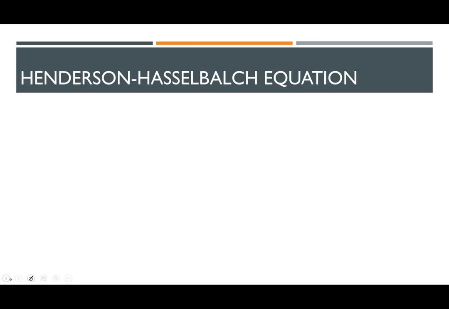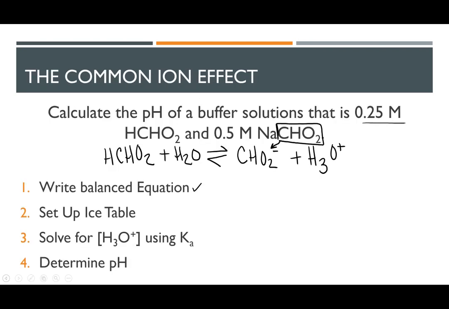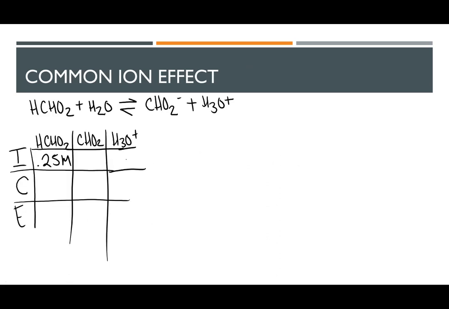The initial concentration of the conjugate base is going to be 0.5 molar. And again, no mention of the hydronium, so we're going to assume that's 0. And then the one other piece of information that I should have included in the problem, but I will always give you, is going to be the Ka value. So Ka value for this particular equation is 1.8 times 10 to the -4th.